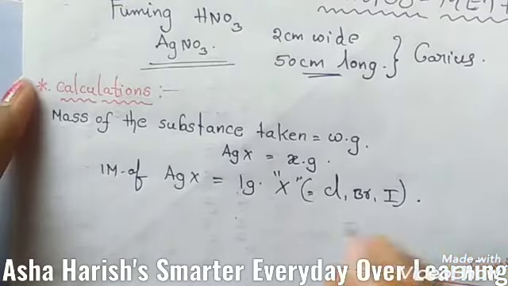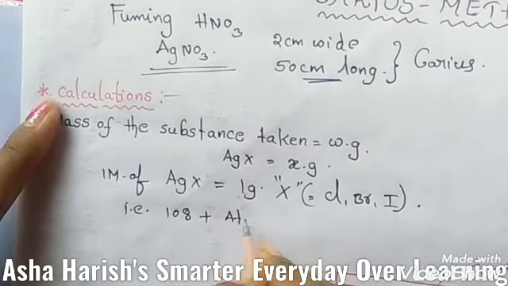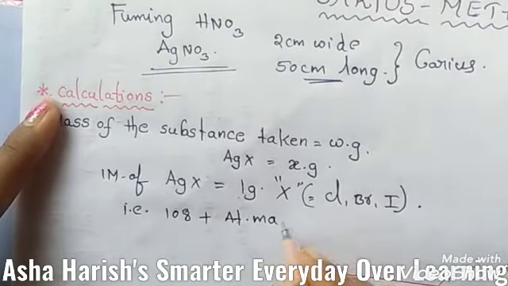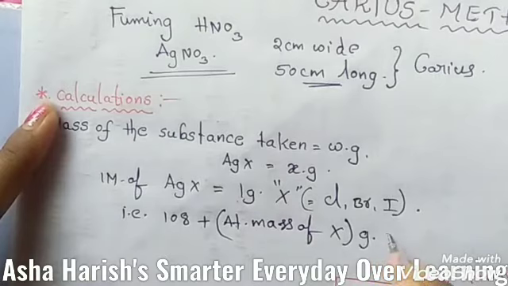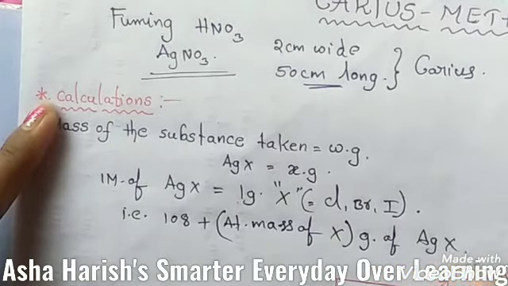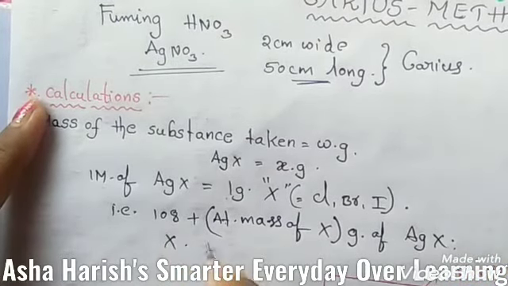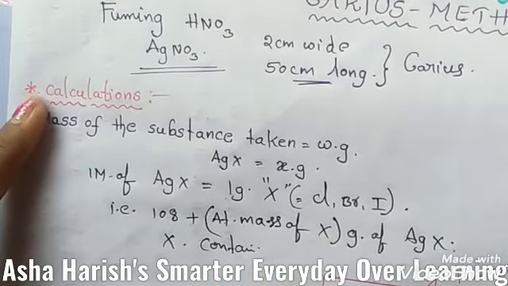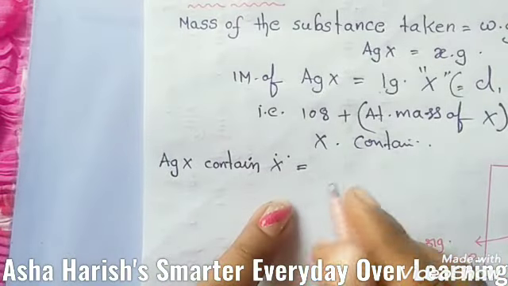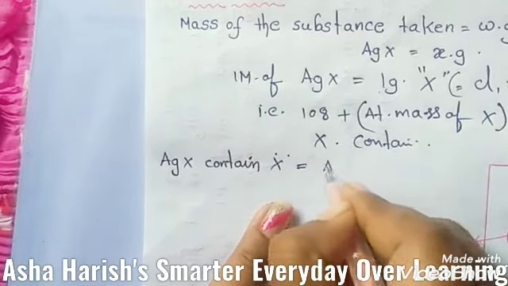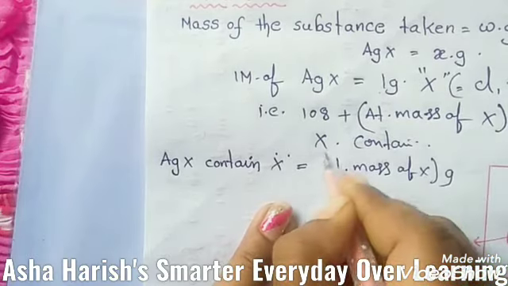So (108 plus atomic mass of X) grams of AgX contain atomic mass of X grams of halogen.